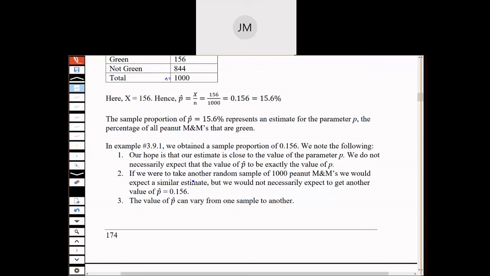And the other thing that we want to note is if we take another sample, right? If we take another bag of M&Ms and we count up how many green M&Ms there are, we would expect that it would be close to 15.6%, but it's probably not going to be exactly that number, right? We're going to get a different number of green M&Ms, so we're going to get a different percentage. Okay, so this value of p hat can vary from one sample to another, but it shouldn't vary by very much.